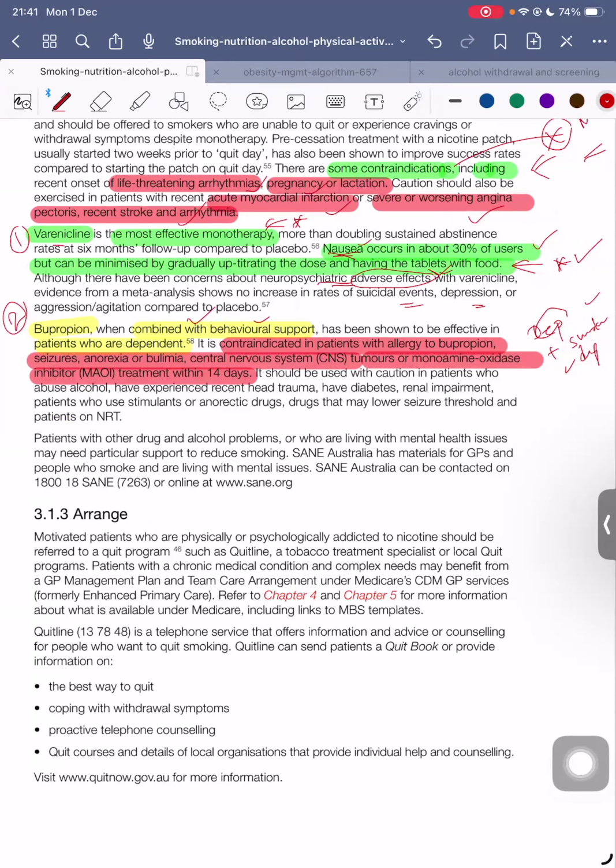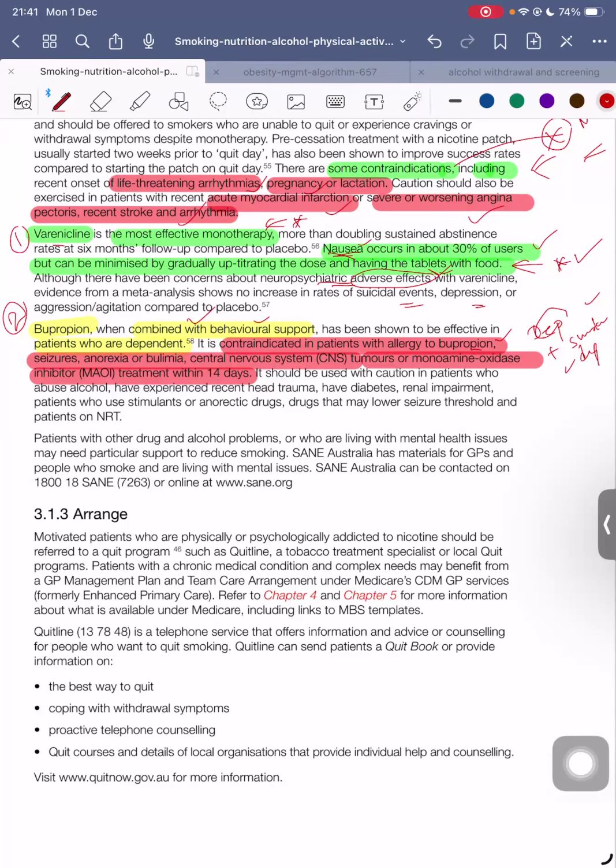Okay, I'll show once doing the question. Remember the contraindications for bupropion. Sorry for my pronunciation, sometimes I can't pronounce some words properly.